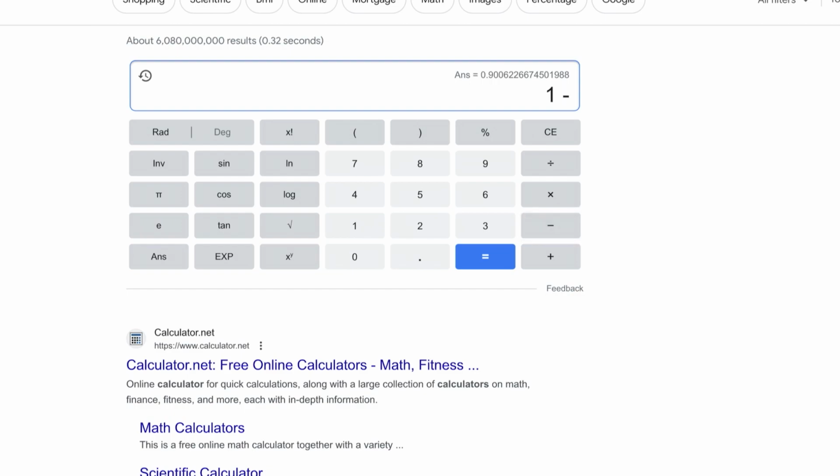1 minus 1.0025 raised to negative 60. This is everything inside the square bracket, equals, and then take this times 200. This is everything in the numerator, and then we'll take this divided by 0.0025. And this is my answer.